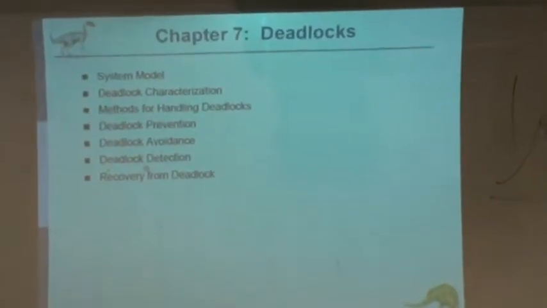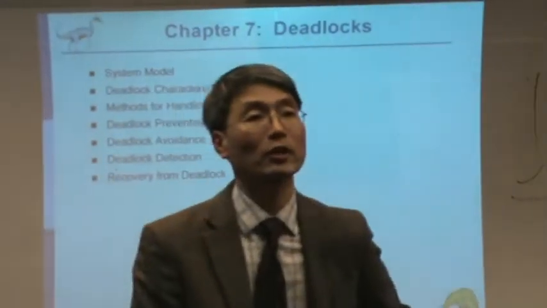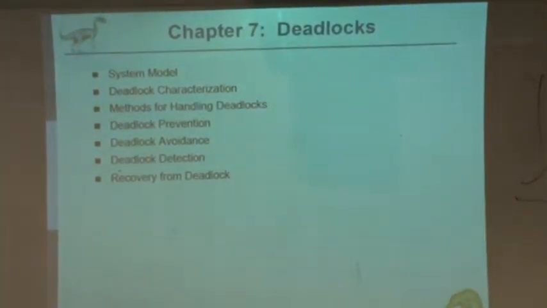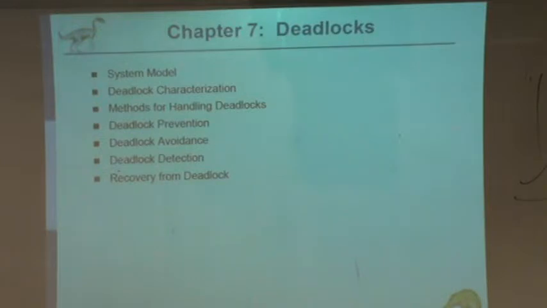We already touched on it when we discussed semaphores and the synchronization problem. We talked a little bit about the deadlock situation. In this chapter, we will formally define what deadlock is and how to address the problem of deadlock in our operating system, because that is critical.